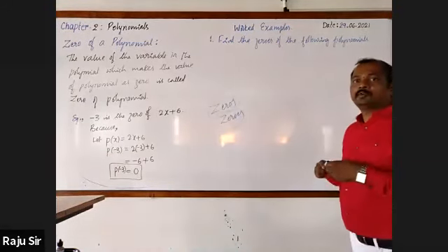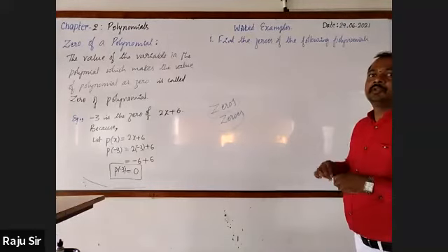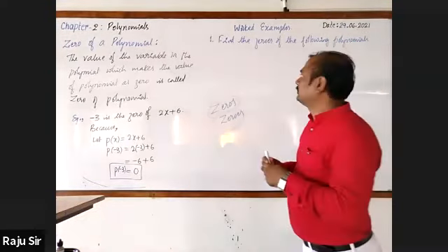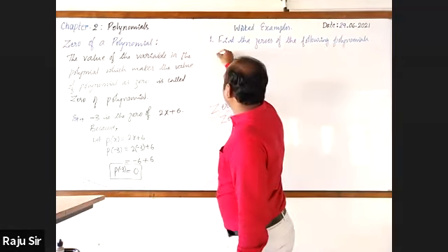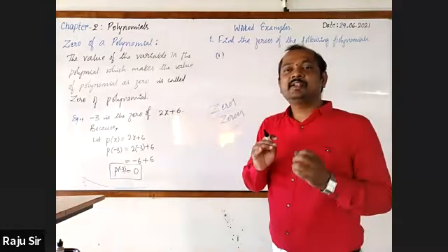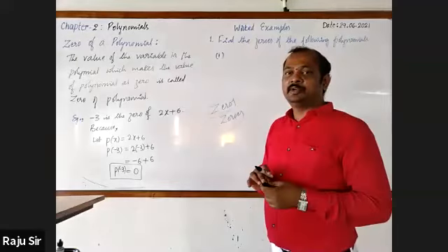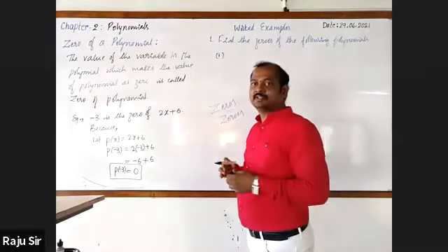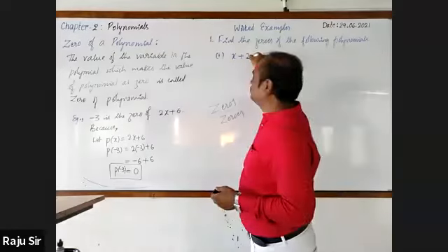For now, I'll take simple ones. First one. It's too simple to understand. Immediately you are able to tell, and by the time you write, you should be able to tell. I'm going to take such a simple one. x plus 2.